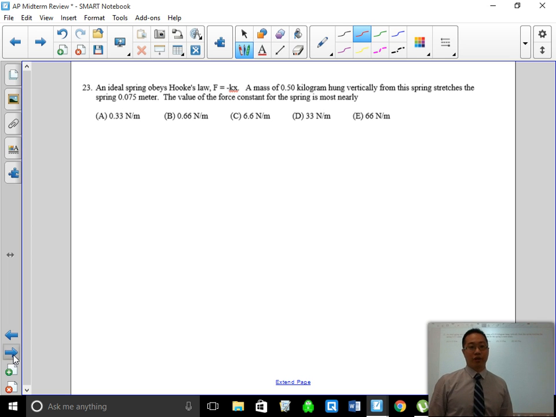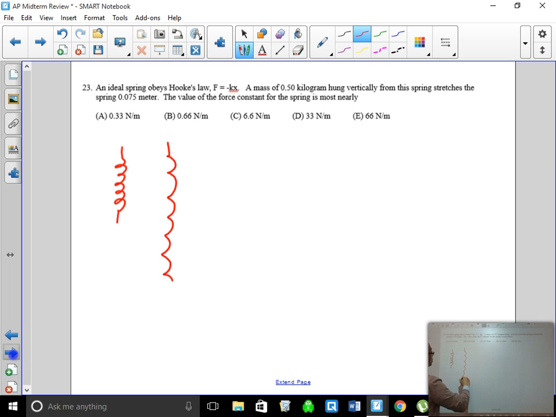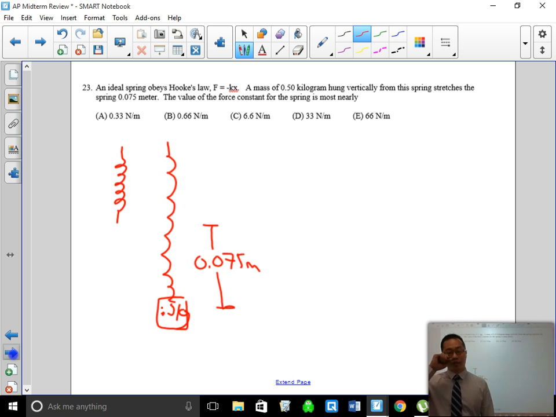An ideal spring obeys Hooke's law, which of course means that the force of the spring is directly proportional to the amount that's stretched or compressed. And we have a spring that ends up being stretched 0.075 meters when a mass of 0.5 kilograms is hung on it. They ask, what is the value of the spring constant?